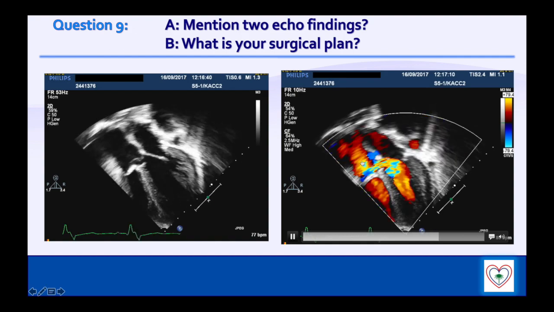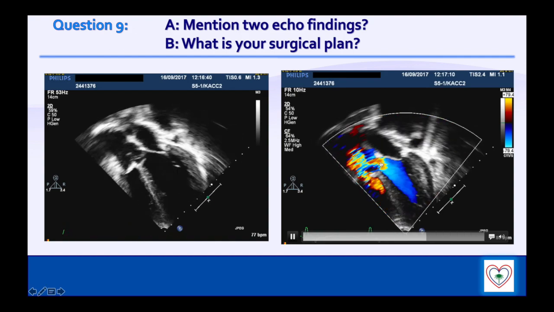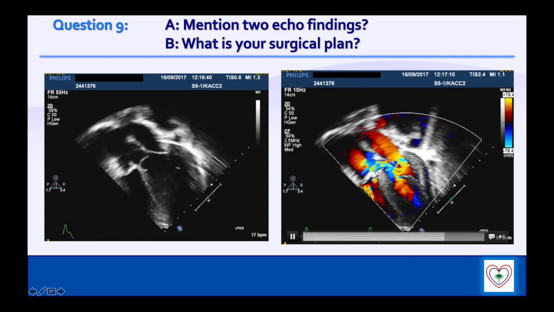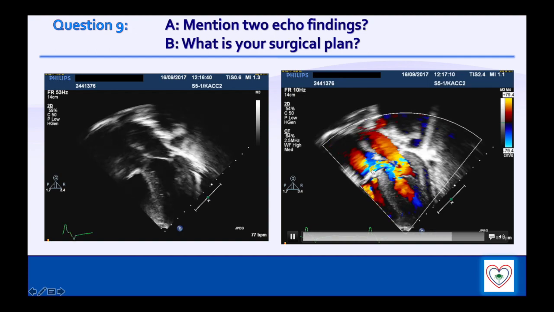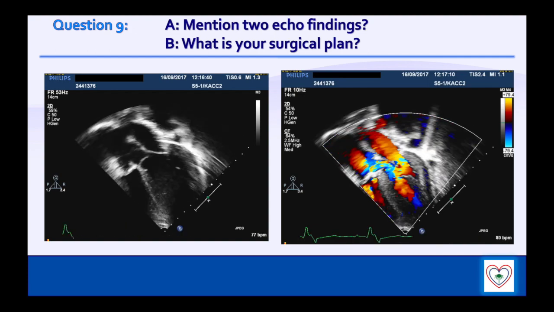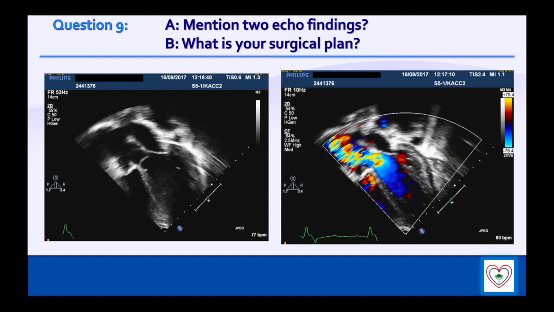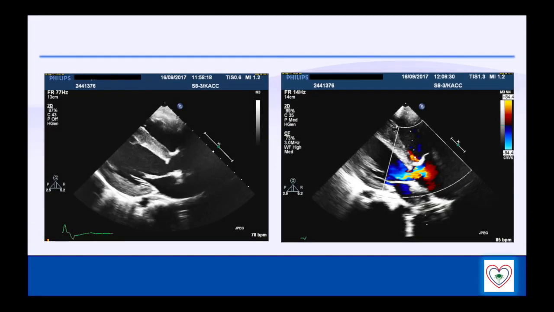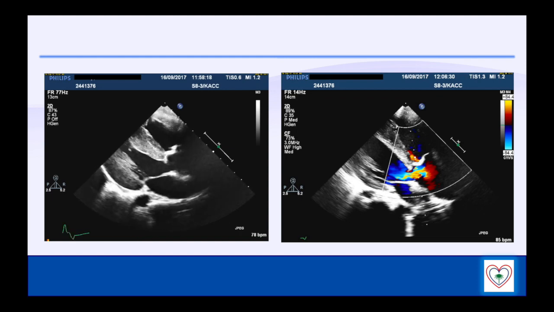So this is another view here. You can see that this is the aorta, and there is significant aortic valve regurgitation into the left ventricle, as well as a ventricular septal defect. So this patient has a ventricular septal defect and subaortic membrane. This is the long axis view of the same patient.